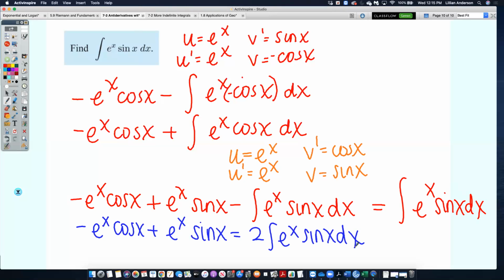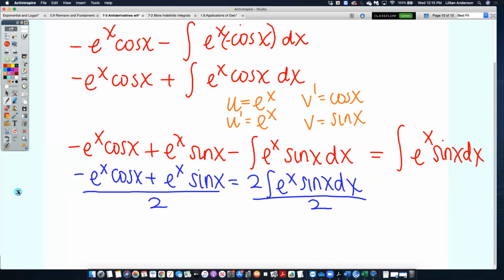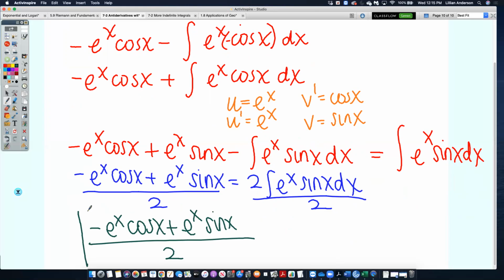I didn't know you could do that. And then solve by dividing both sides by 2. So my final answer: the integral of e to the x sine x dx is equal to negative e to the x cosine x plus e to the x sine x, all over 2.